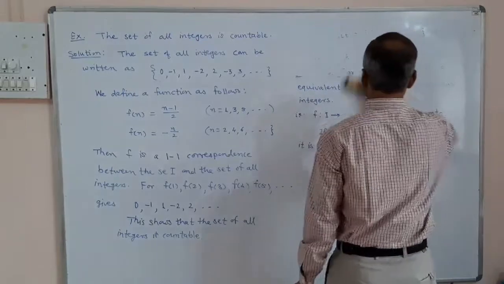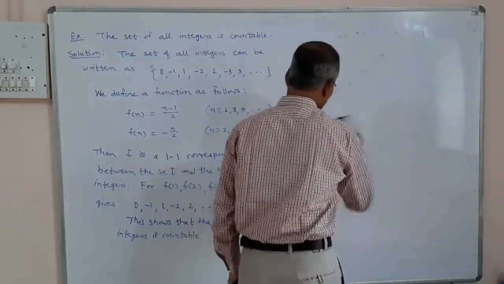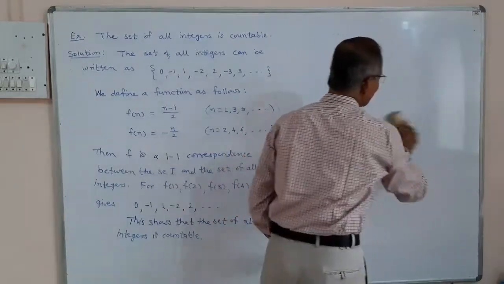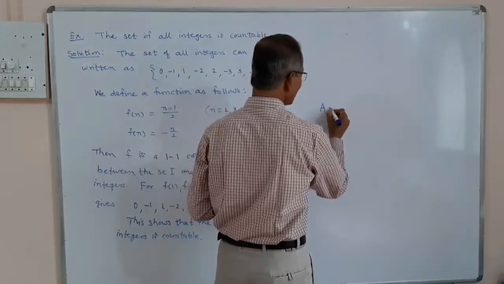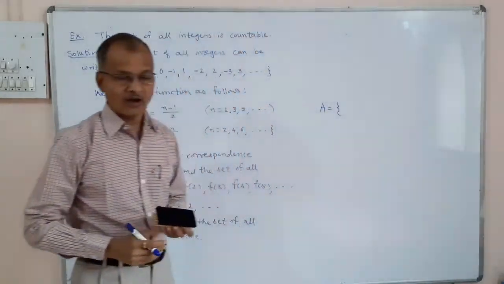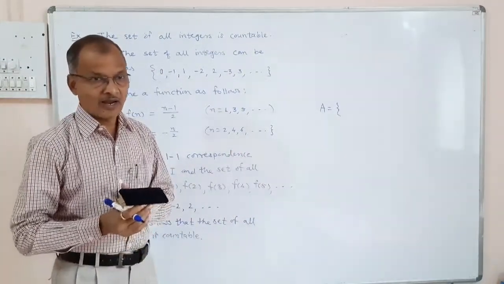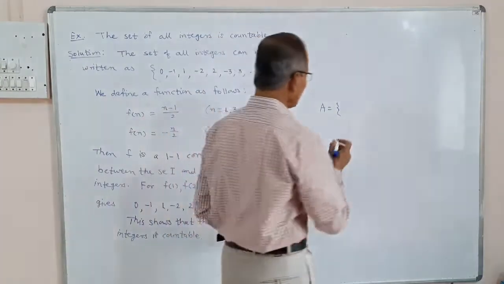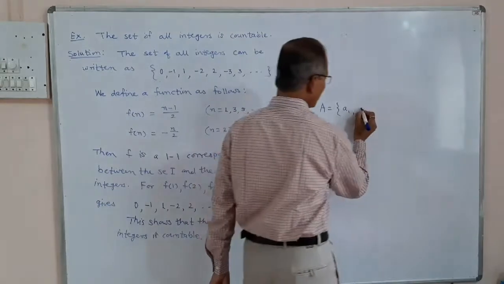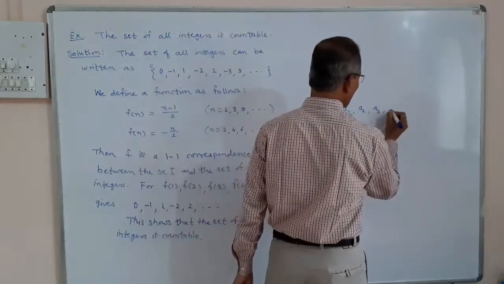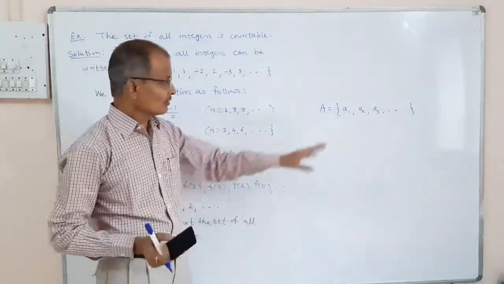Now we shall consider the properties of countable sets. If A is a countable set, the meaning is we can count the elements of that set, or we can label the elements: first element, second element, third element, etc. Suppose the elements of A may be written as A1, A2, A3, and it is not necessary that it is finite; it may be an infinite set.